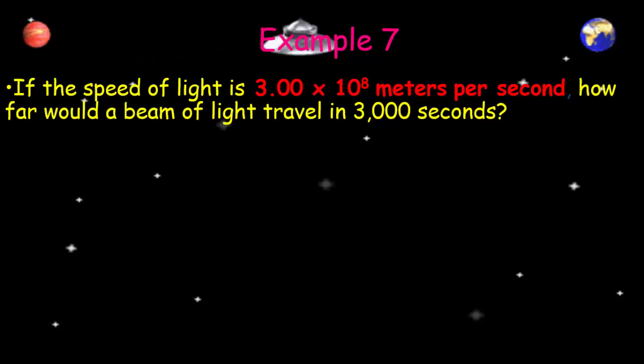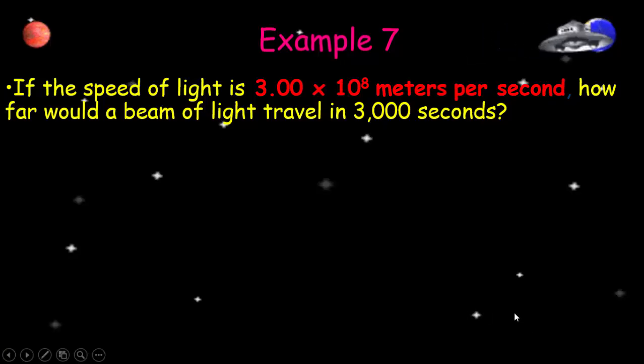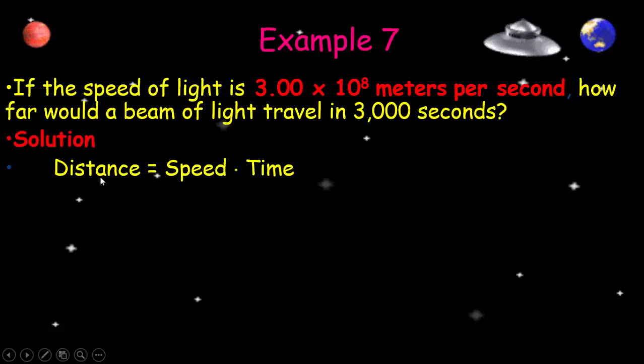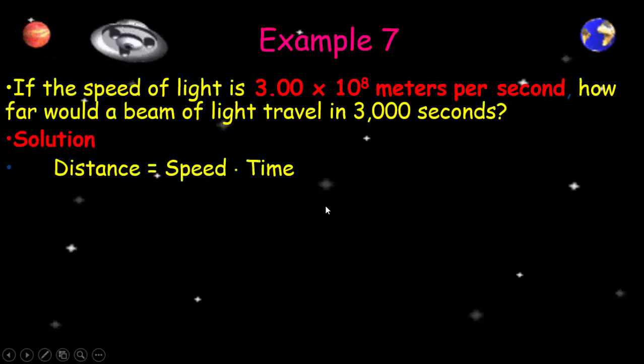In example number 7, we're going to look at a real problem. So here, if the speed of light is 3.00 times 10 to the 8th meters per second, how far would a beam of light travel in 3,000 seconds? Well, distance is equal to speed times time.